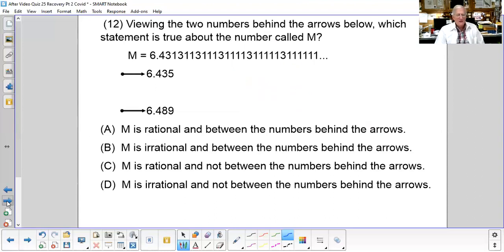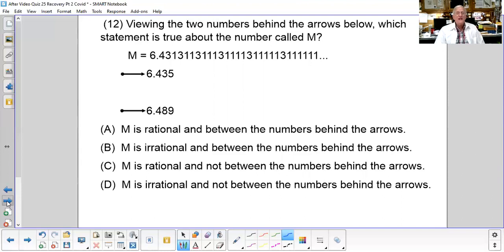Viewing the two numbers behind the arrows, which statement is true about the number that's called M? Now, the first thing you got to decide is, is M between them? And what kind of number is M? Well, if you look at M, it has a growing pattern on it. The ones are increasing, right?